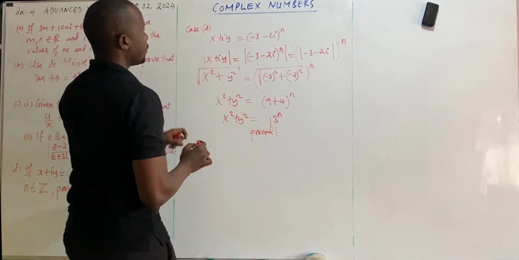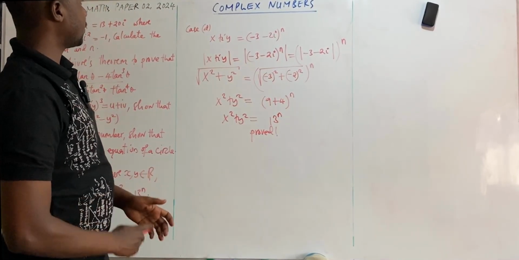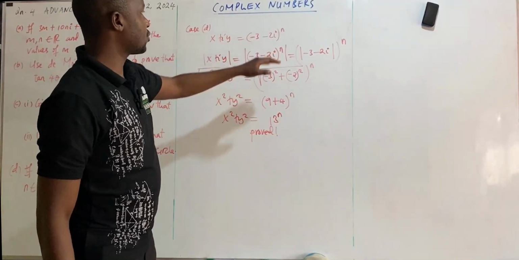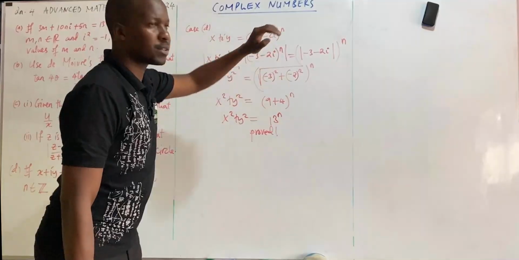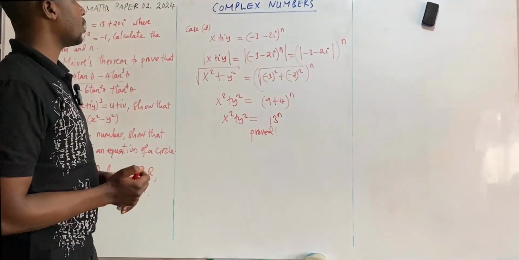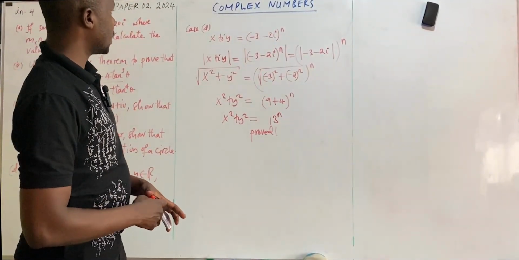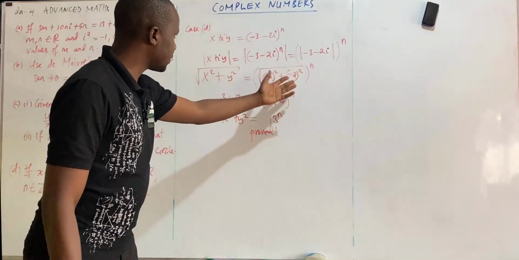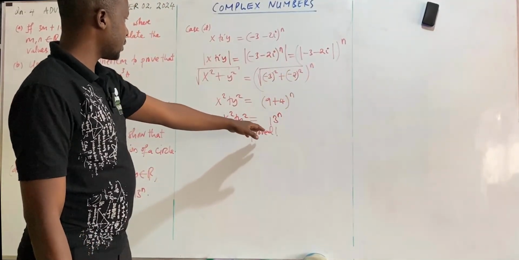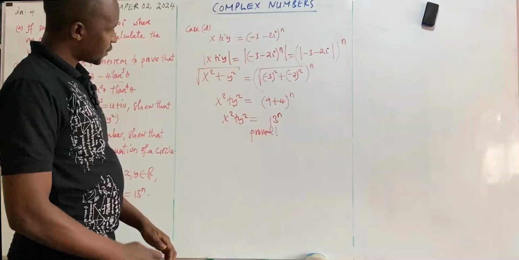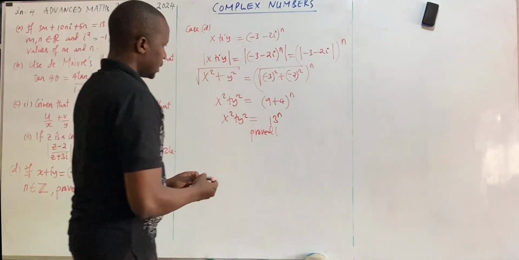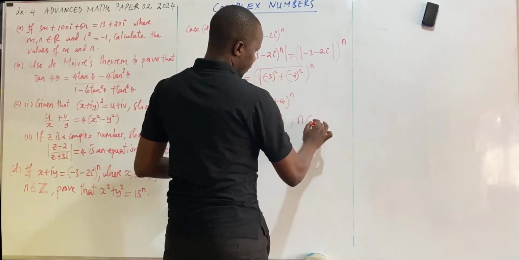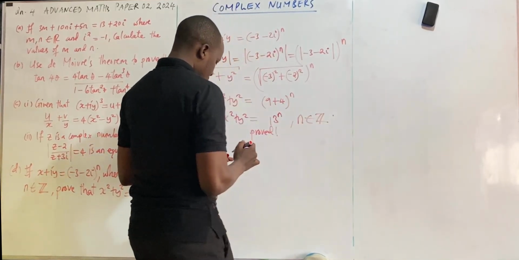The idea was to find the modulus: if this complex number is the same as this one, it means the modulus of this is also the same as the modulus of this, because the complex numbers are the same. From there we simplified, and in the end we got x² + y² = 13ⁿ, provided n is an integer. And now we have proved it.